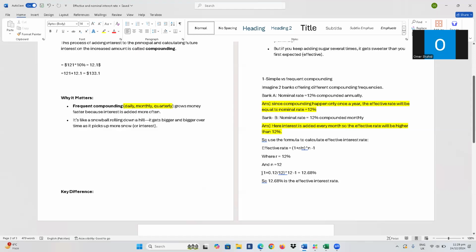So we use the formula and our answer will be 12.68% effective interest rate.